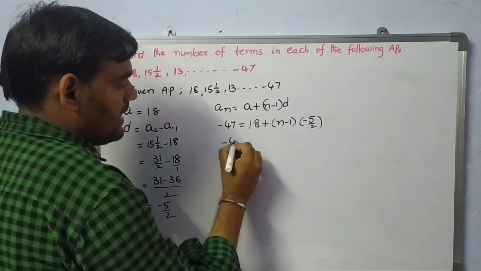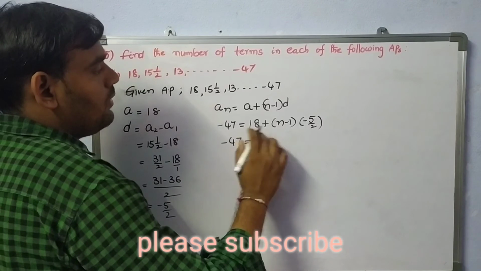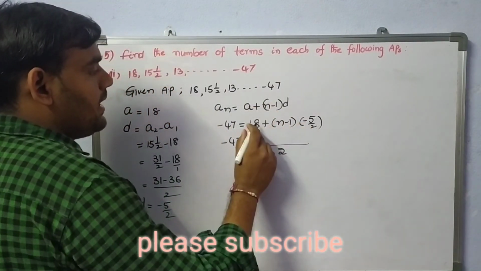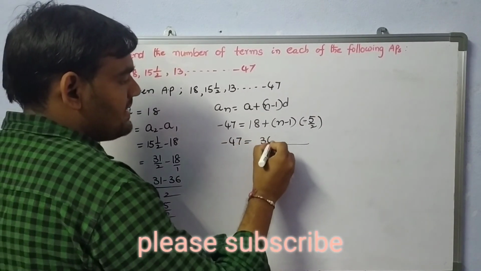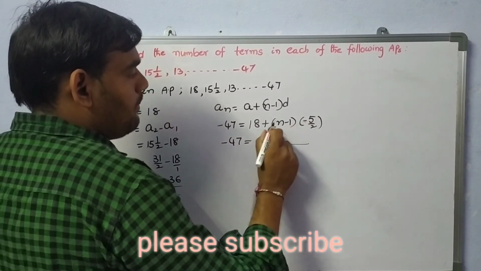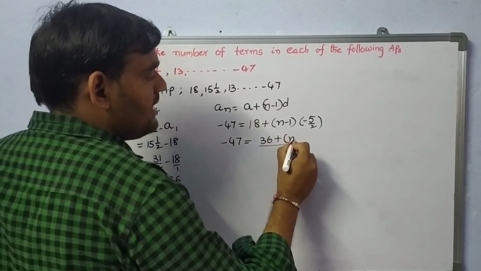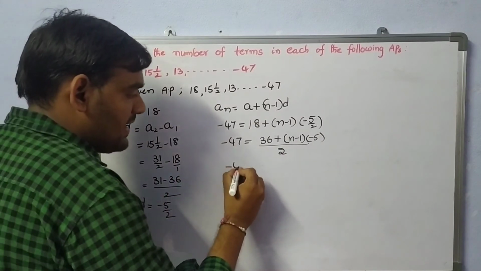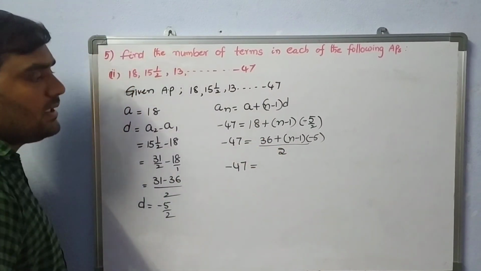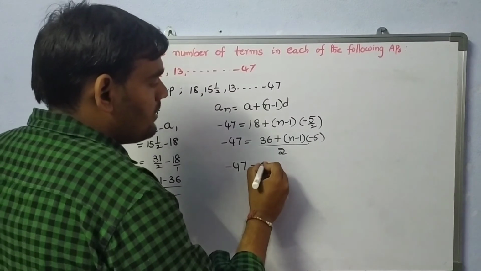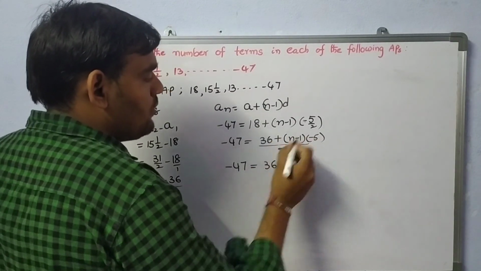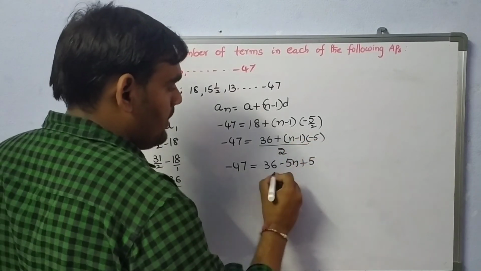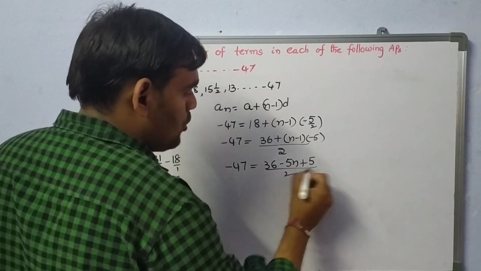See, first we will write minus 47 is equal to, take the LCM, that is 2. At that time we will get 18 2s are 36 plus n minus 1 into minus 5. So once again this can be written as minus 47 is equal to 36 plus minus 5n plus 5, divided by 2.